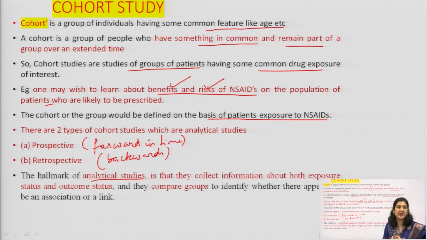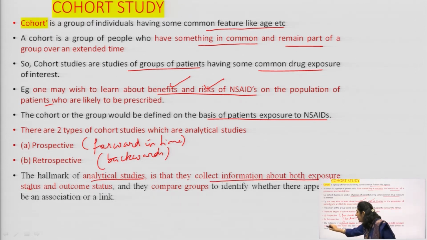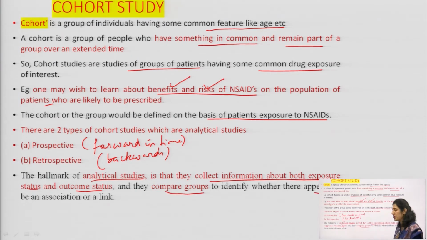Please remember, cohort study, case control studies, they are analytical studies because we are collecting information about exposure status, यानी कि कितने लोगों को expose हुआ एक particular drug, and outcome status, कितनों लोगों में outcome आया, and they compare groups to identify whether there appears to be some association or link.